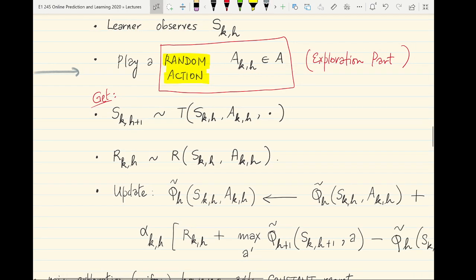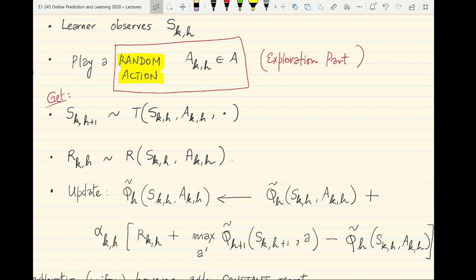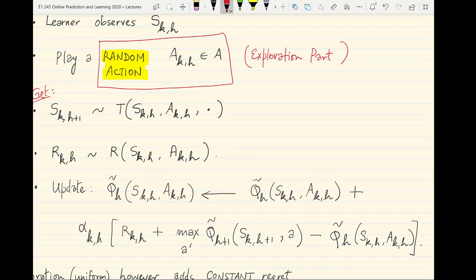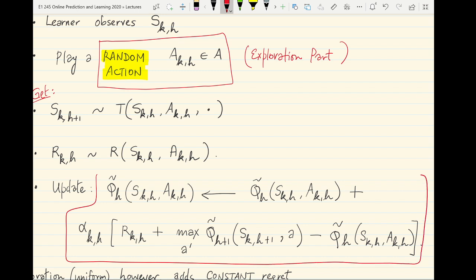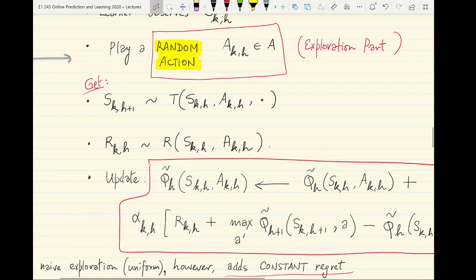What you could do is use the observation of the next state and the reward to perform the usual Q value update. So this is just Q-learning again, which is the following update here in red. Apply Q-learning with completely uniform, random exploration: play a random action and then update the Q tables, the estimates for the optimal Q value function, as you go along.